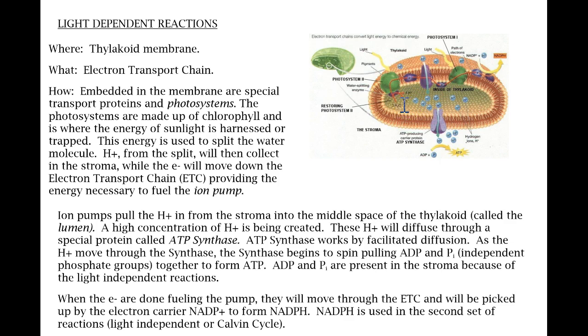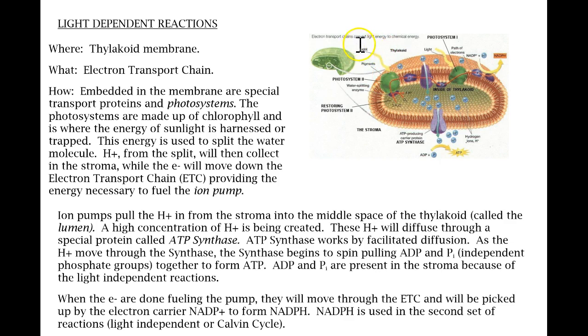So we have two photosystems, and this one is photosystem 2 and this one is photosystem 1. And they're named that way by the way that they were discovered. But the process starts with photosystem 2.